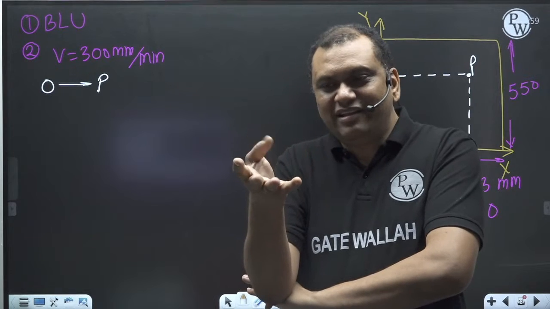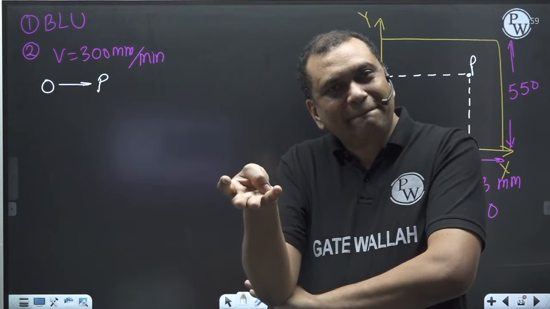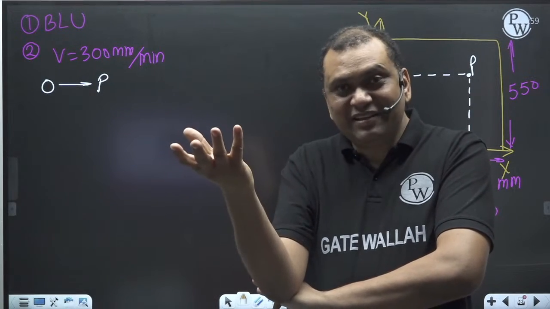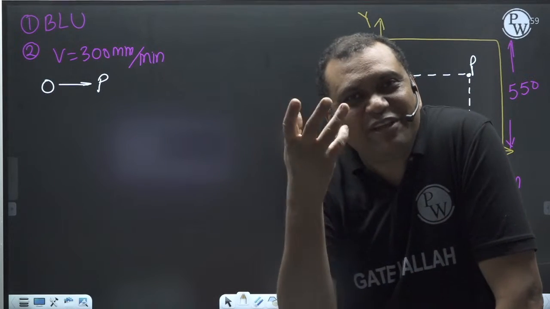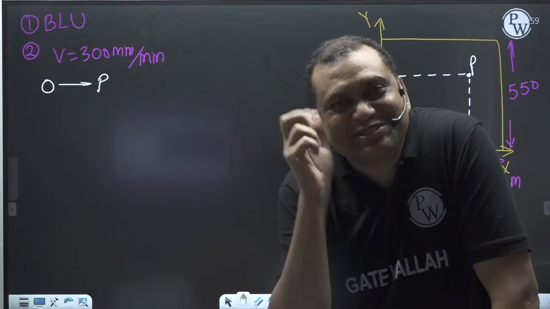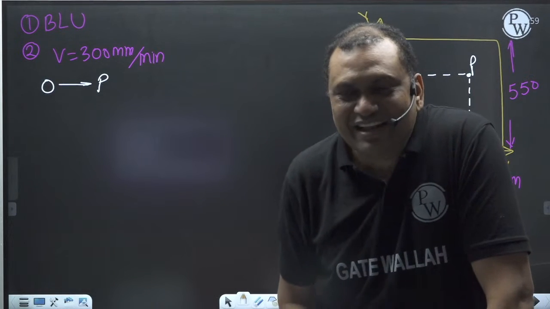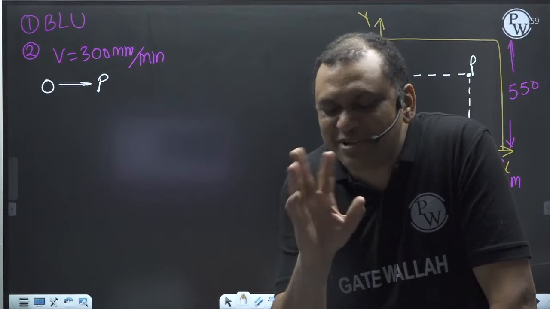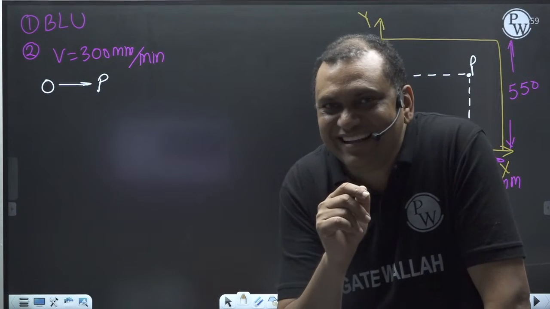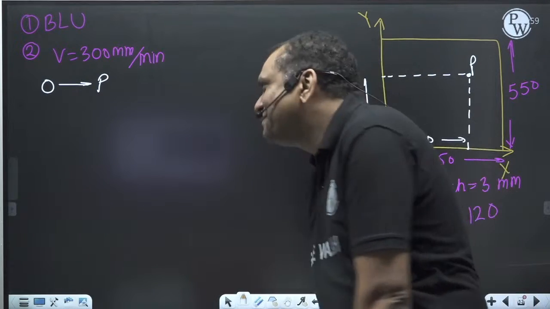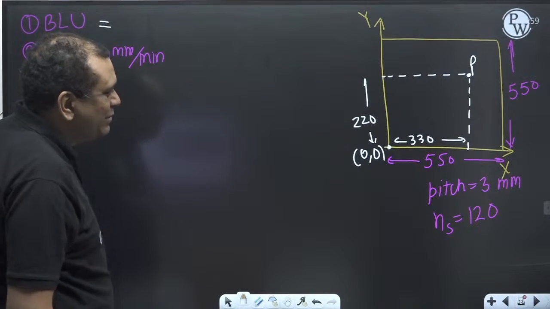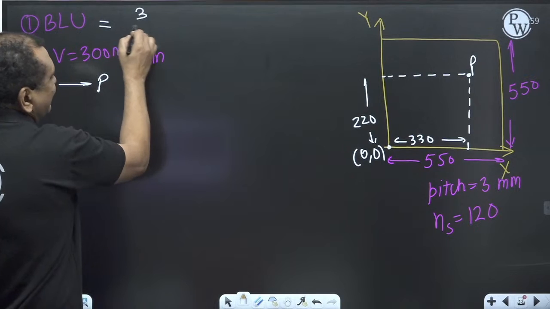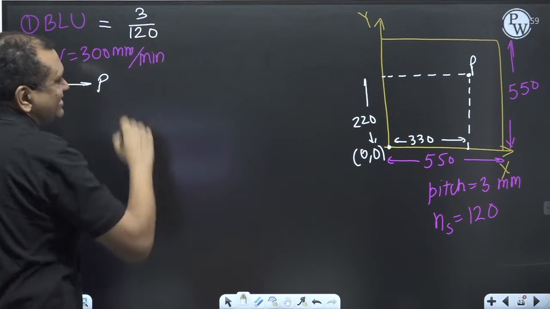Here the gearbox is not there. Also, the number of starts information is not available, so take it as a single start. So BLU will be nothing but pitch divided by NS.